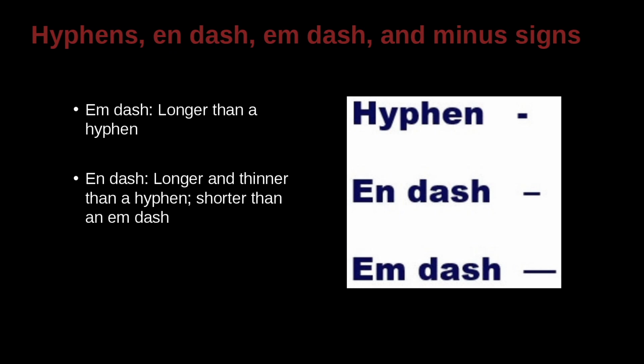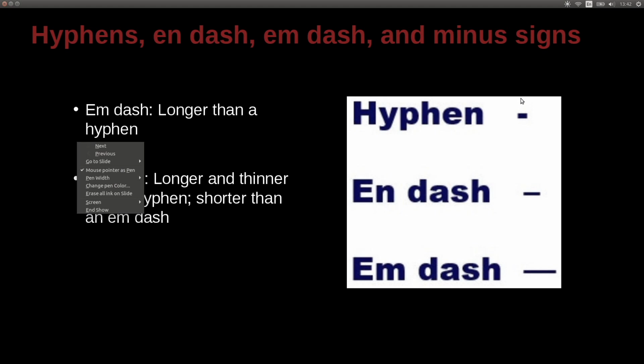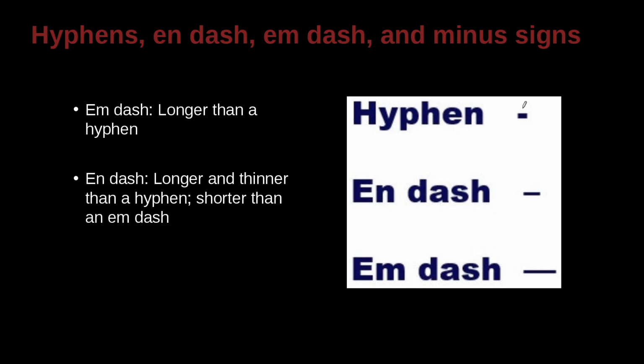Well, how do we do that when we're writing? Again, when you type on your typewriter or when you type on your computer keyboard, the one you're going to be typing is always going to be this hyphen one. You see? So, what do we do? Well, we can use two hyphens together to make a dash, but then which dash is it? Is it the n dash or the m dash?